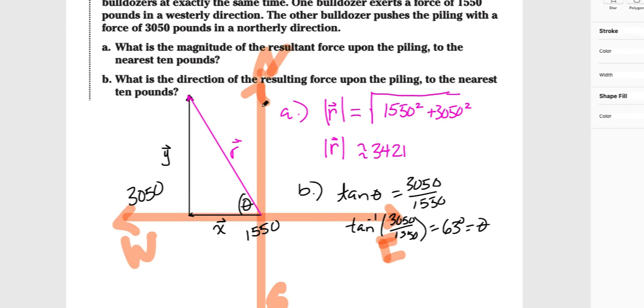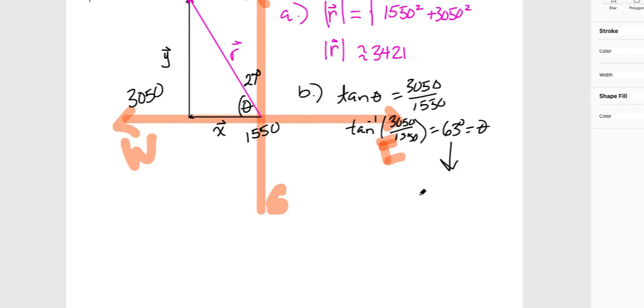But if we think about it in terms of directional, we would say that this resultant is 27 degrees due west of north. I know 63 degrees is the angle, but what that implies, given the direction, is that this vector has a direction of 27 degrees due west of north. I hope that made sense.